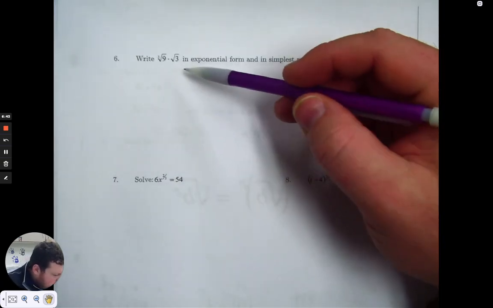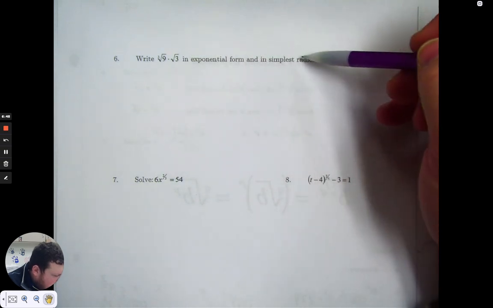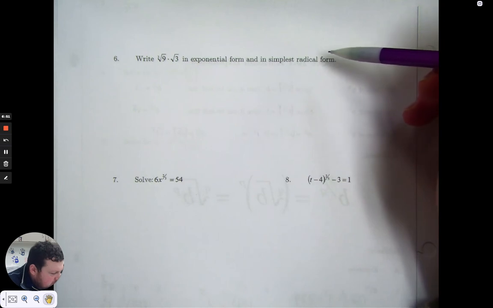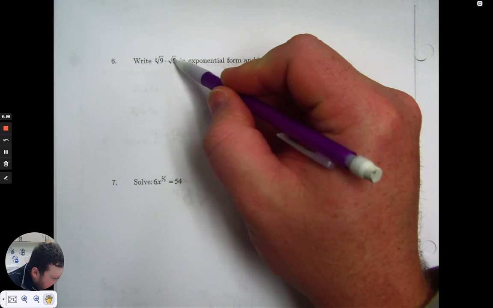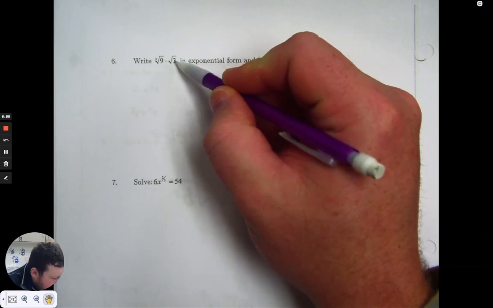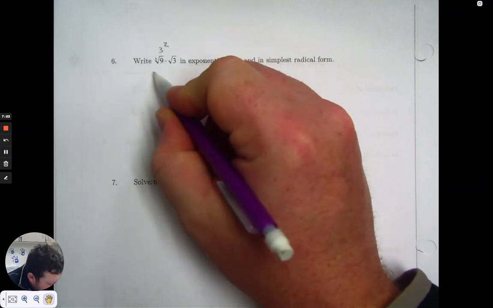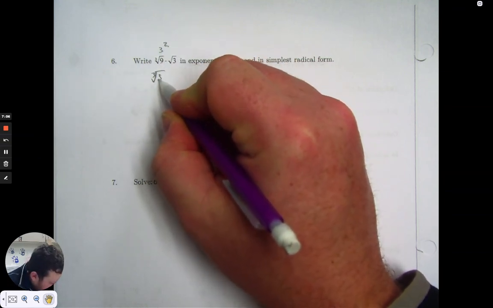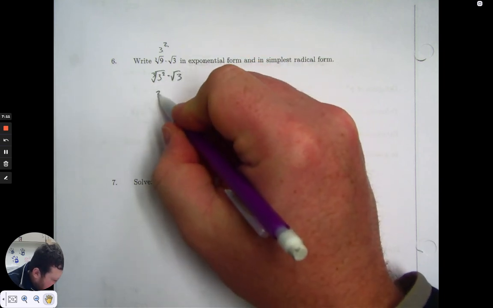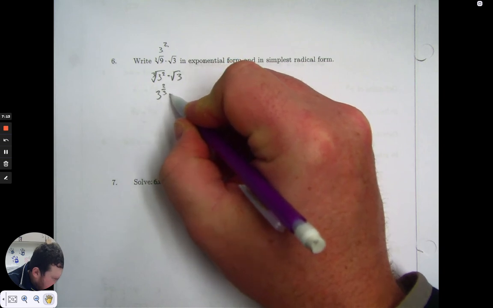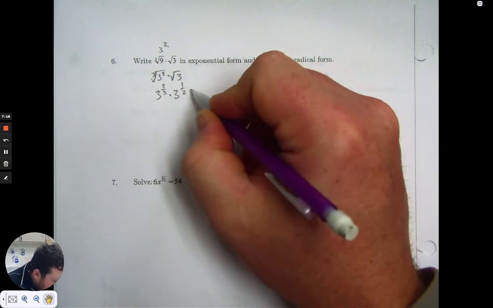Okay, so number 6 says, write the cubed root of 9 times the square root of 3 in exponential form and in simplest radical form. So remember, 9 again can be written as 3 squared. So this is really the cubed root of 3 squared times the square root of 3, which means this is 3 to the 2/3 times 3 to the 1/2.